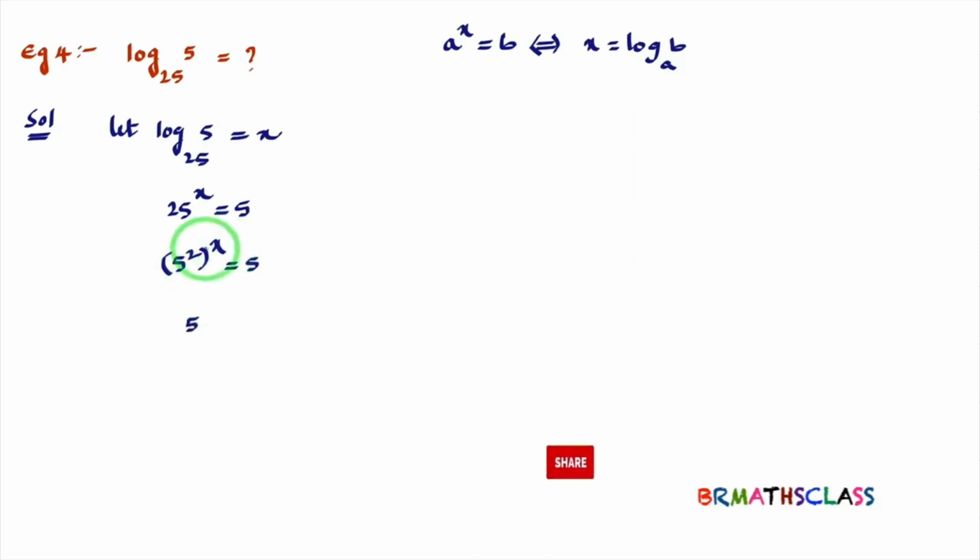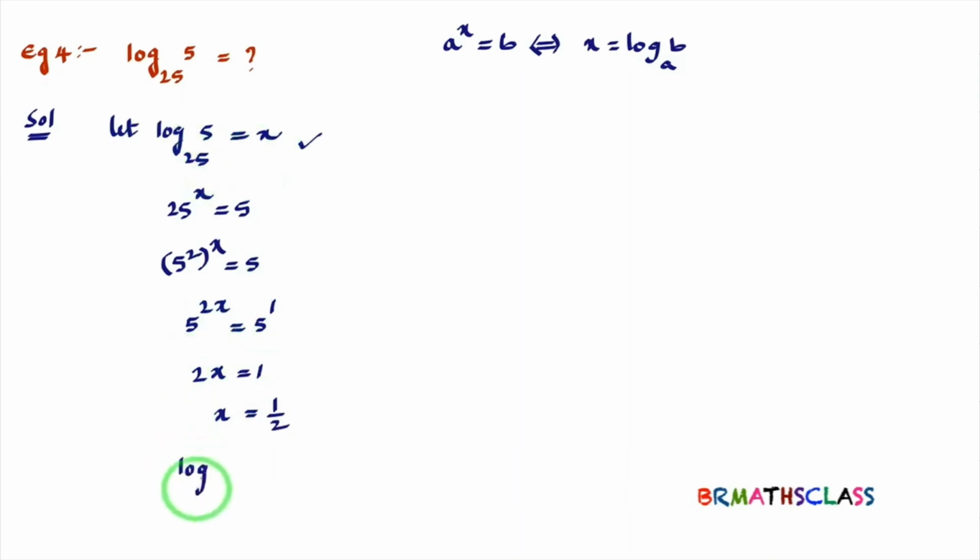So 5 power 2 into x, 2x, equal to 5, which can be written as 5 power 1. As bases are equal, power should be equal. So 2x equal to 1. What is x from this? x is 1 by 2. What is x? We considered log 5 base 25 as x. So log 5 base 25 is 1 by 2.